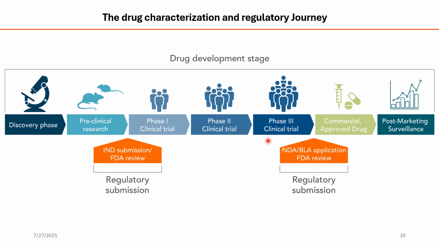This then needs to be approved by the new drug application NDA or the biologics license application BLA, and the FDA review, which is the second regulatory submission which has to be done. Once the approval is done, the drug is ready for commercial manufacturing, leading to post-marketing surveillance.